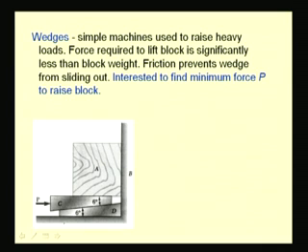So, here in this picture you see this block A, which has to be raised or supported in this position. So, we use these wedges C and D in order to accomplish this task.